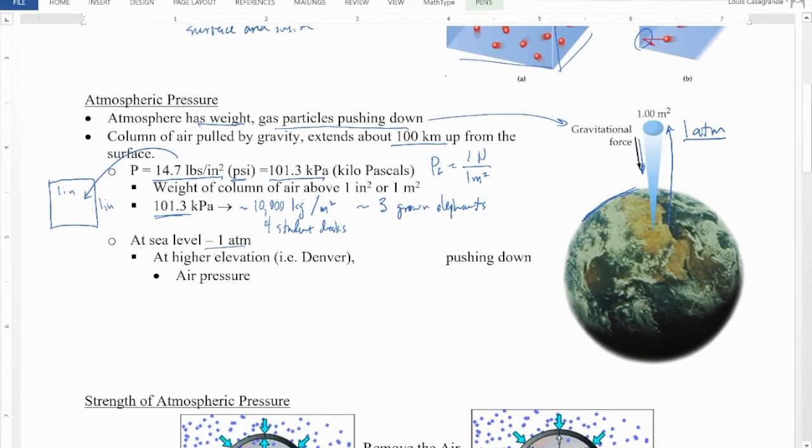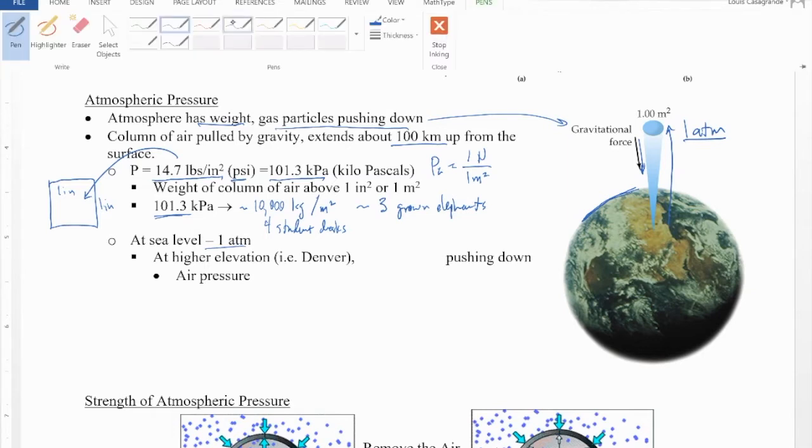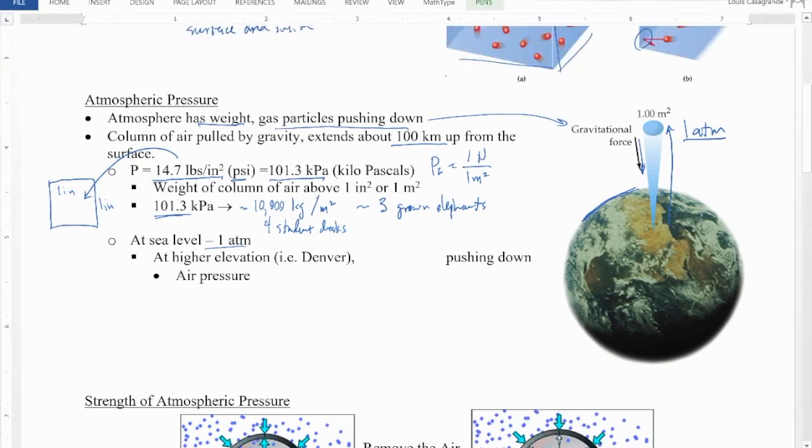When you go up in elevation, so say your family moves to Denver, which is up at about 1 mile high. Now that doesn't seem like a lot, 1/60th of the way up. But the atmosphere is not a linear function.